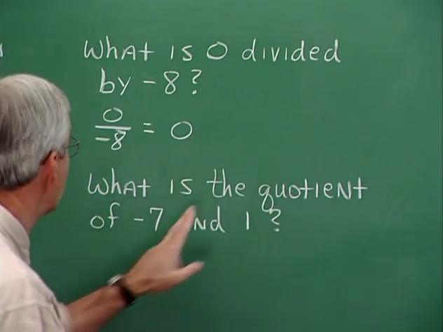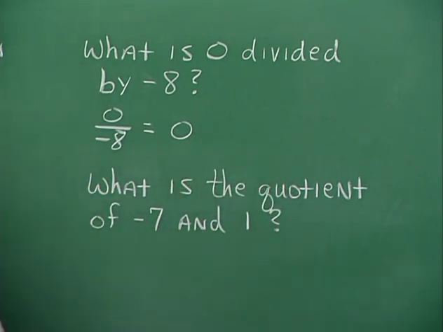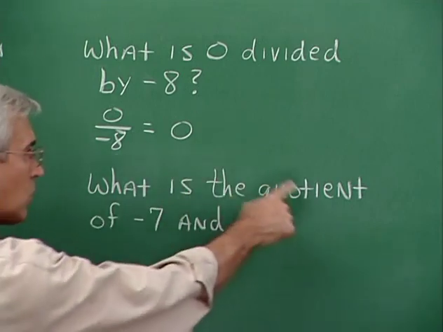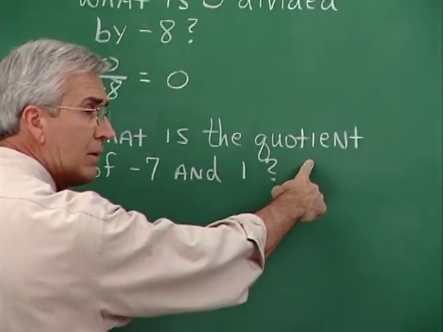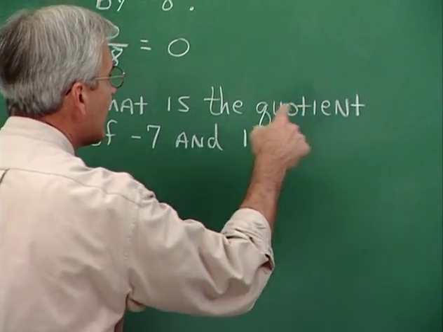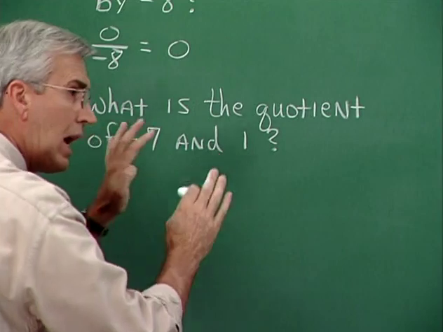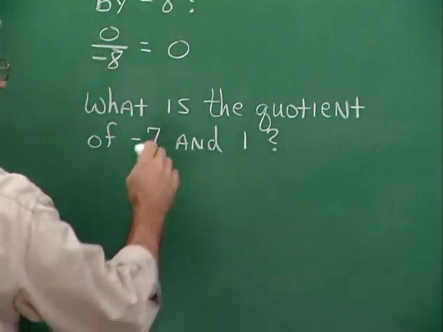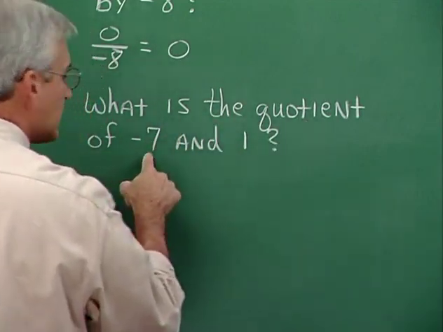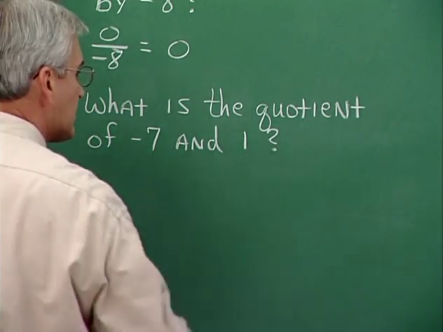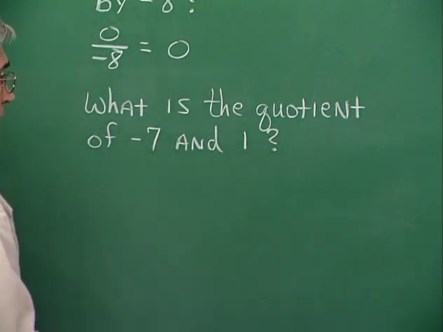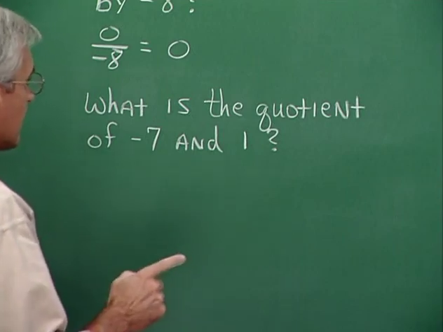What is the quotient of negative 7 and 1? Now, quotient is the answer in a division problem. And when we see the word quotient, we write our fraction implying the division. The first number after the word quotient is in the numerator of that fraction, and the second number is in the denominator. Now, if we're thinking long division, that would be okay too.